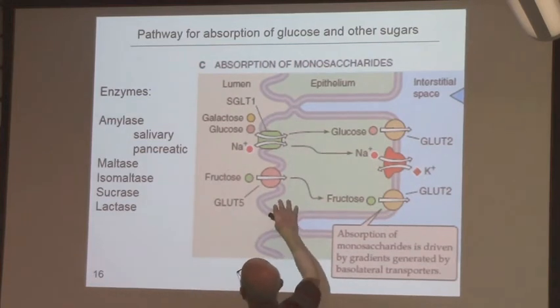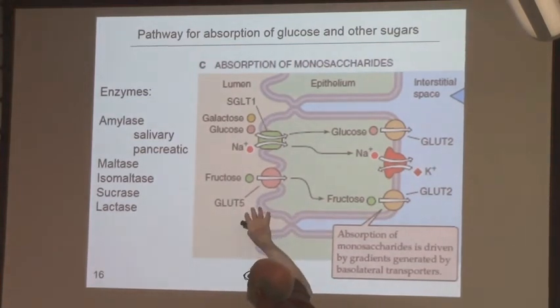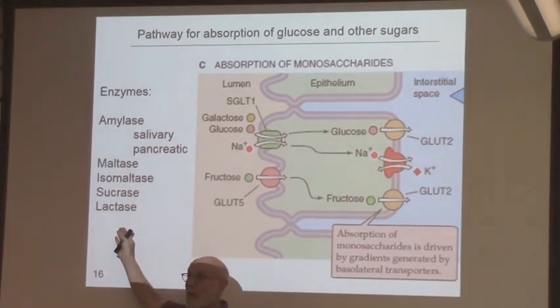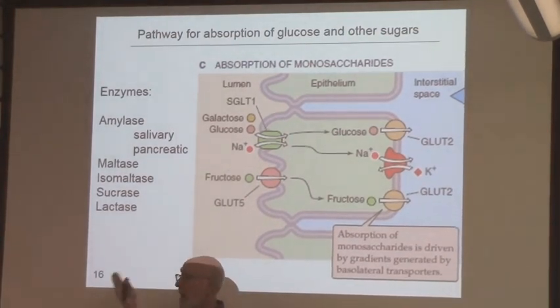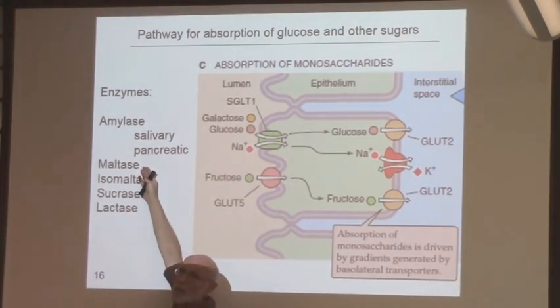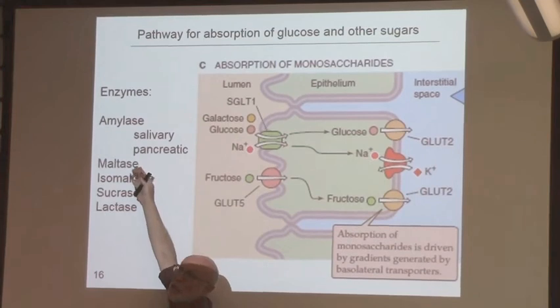In your intestines, in the lumen of the intestine, there are enzymes that break the disaccharides into monosaccharides. So maltase breaks maltose into glucose.